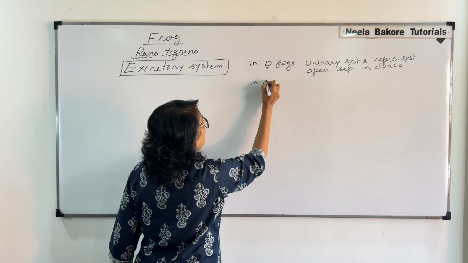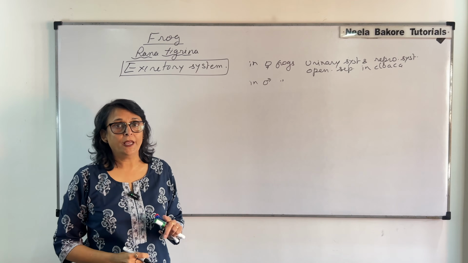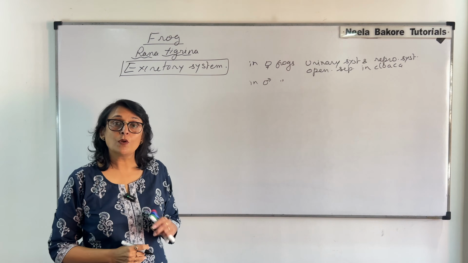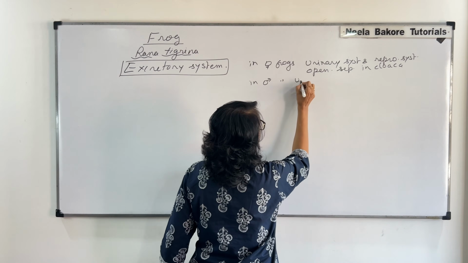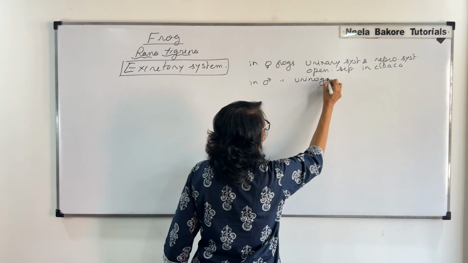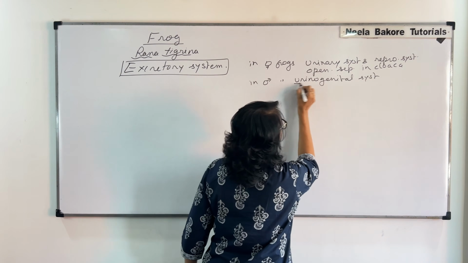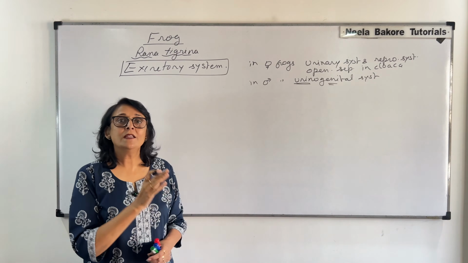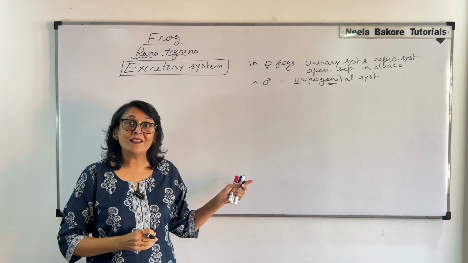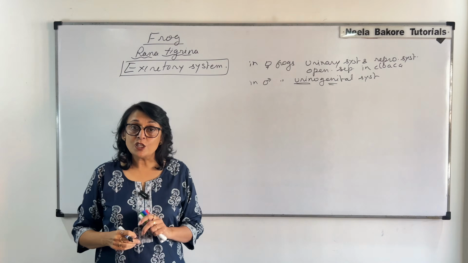Whereas in male frogs, there is a common opening, and that is why the system is known as urinogenital system. That means urinary system and reproductive system join, and there's a common tube which brings the urine as well as the gametes, that is the sperms.